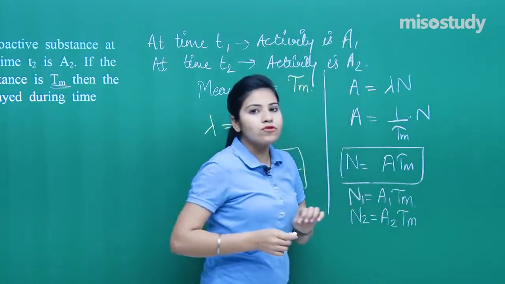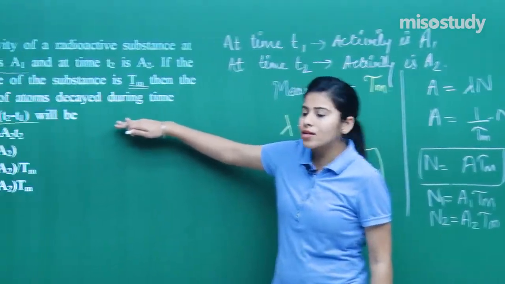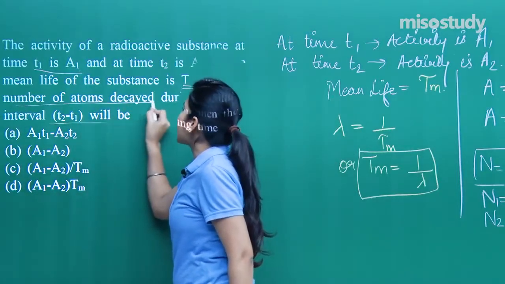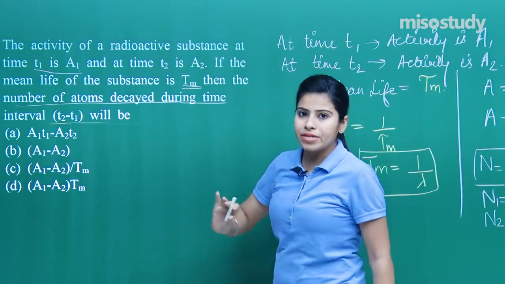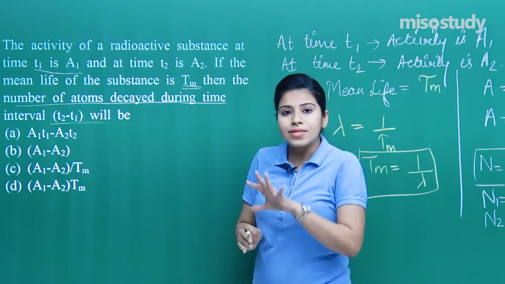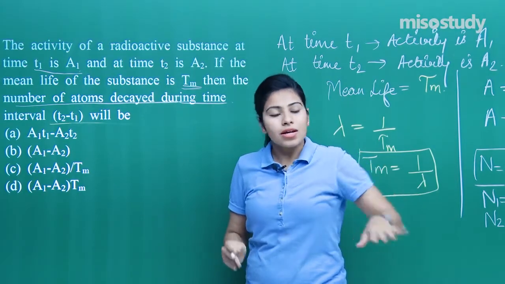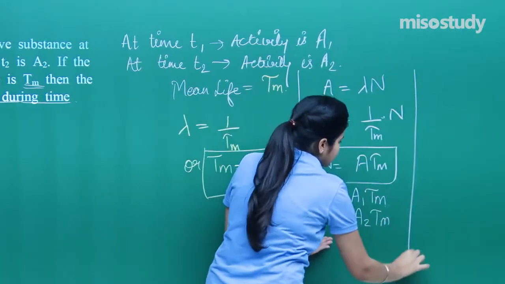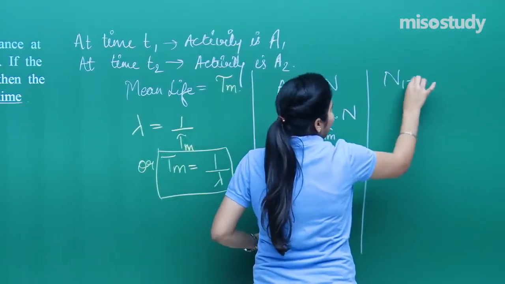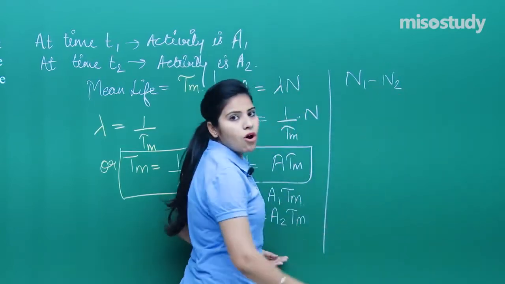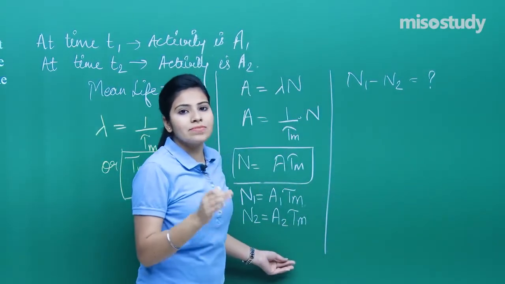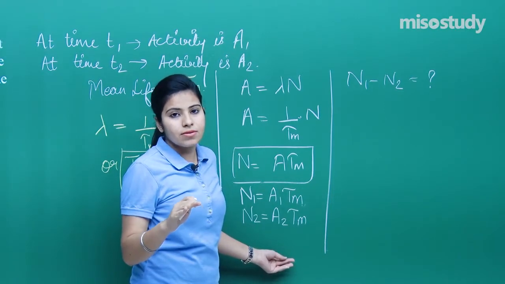Now, look back at the question. We have to find the number of atoms that have decayed during the time interval. That means if I find N1 minus N2, this is the number of atoms that have decayed, right?